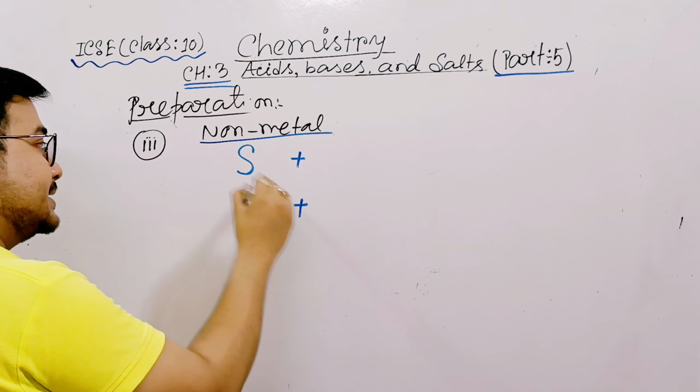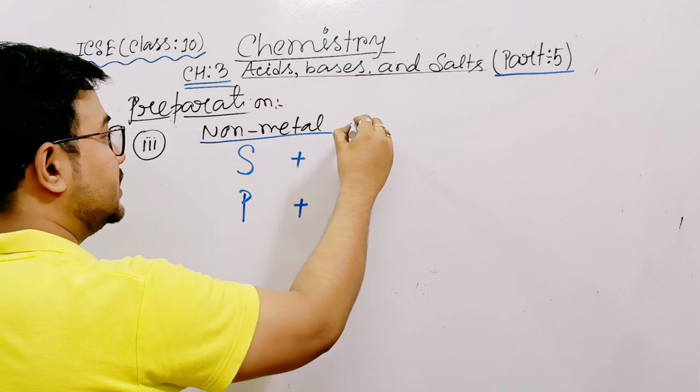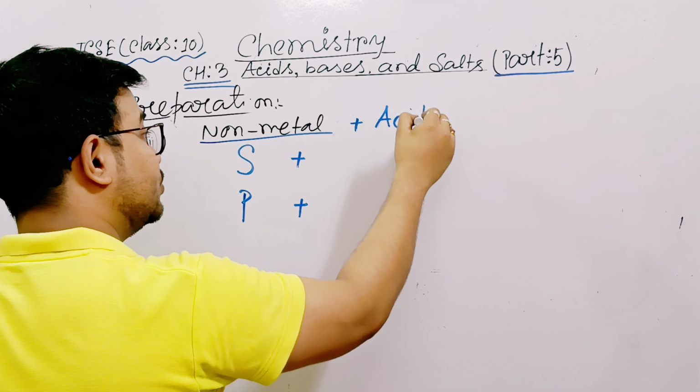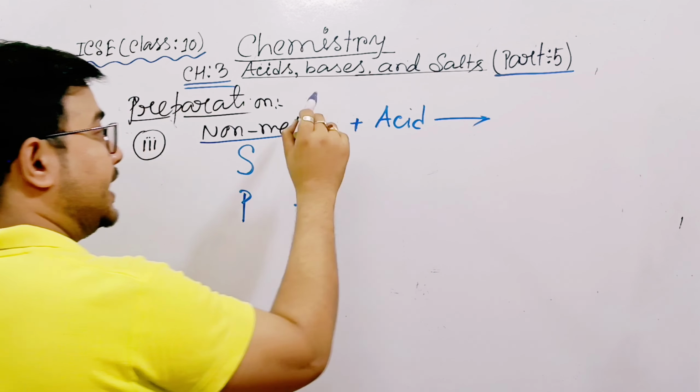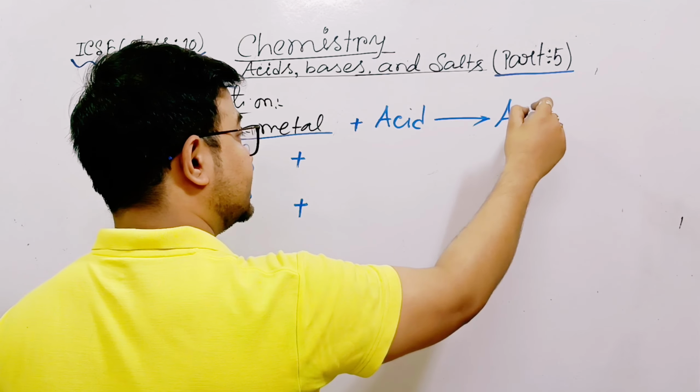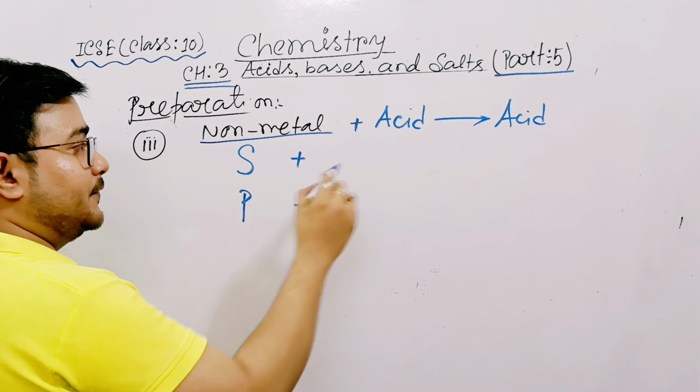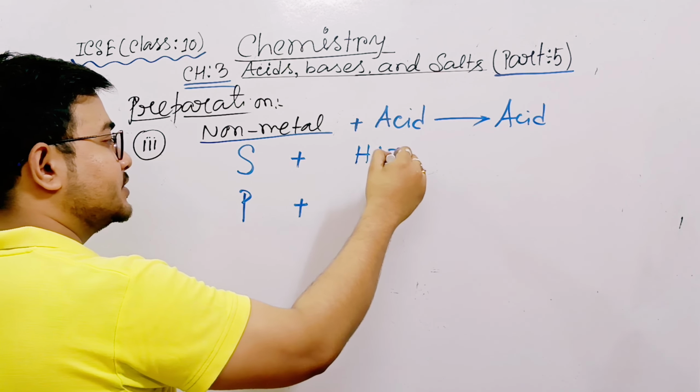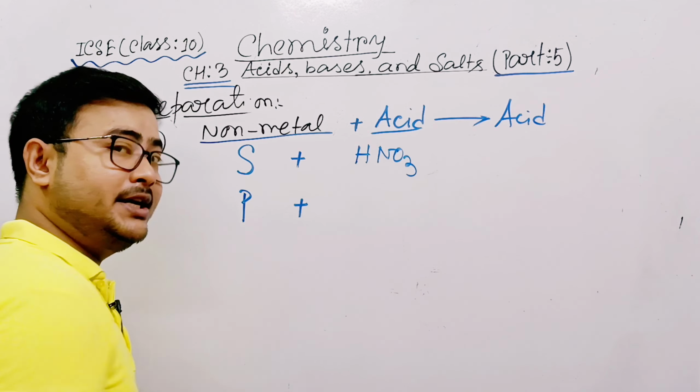But this sulfur and phosphorus react with other acids. So we can produce acids from acid. For example, sulfur. When sulfur reacts with nitric acid, it is already an acid.